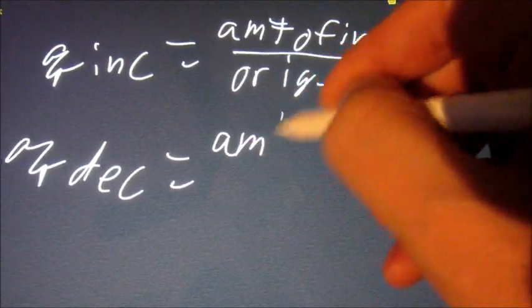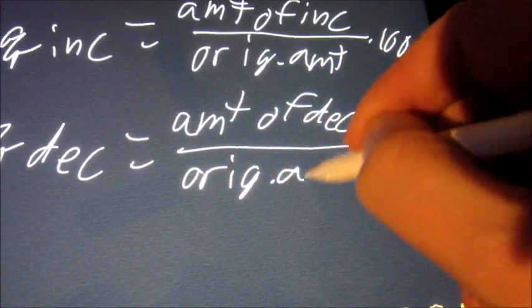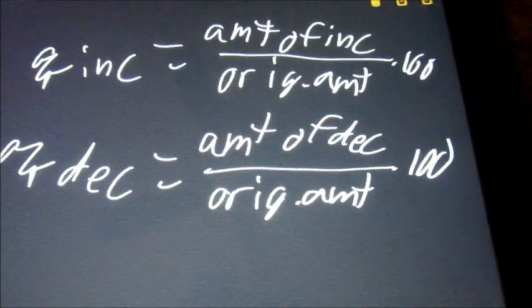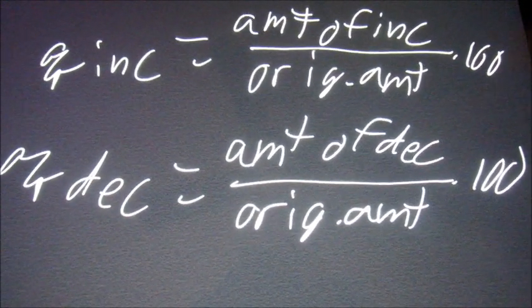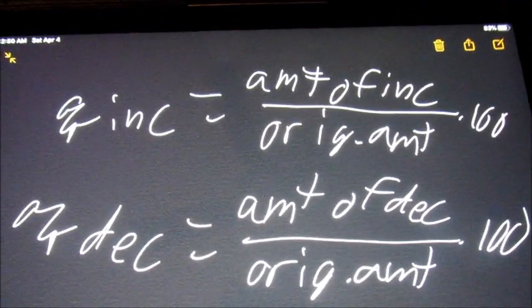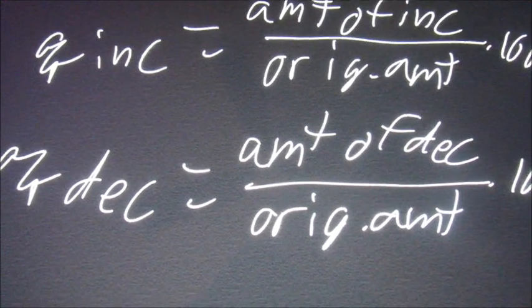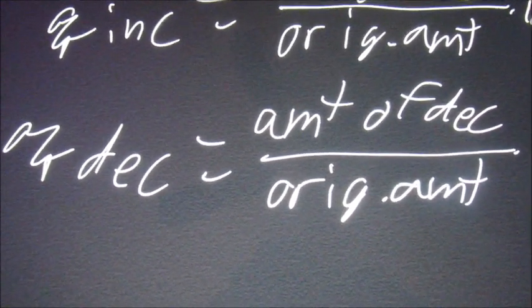A percent decrease equals the amount of decrease over the original amount times 100. So when you get these, whatever a number is going from, that's going to be your original amount. For the actual amount of either increase or decrease, all you have to do is subtract the biggest number minus the smaller number.